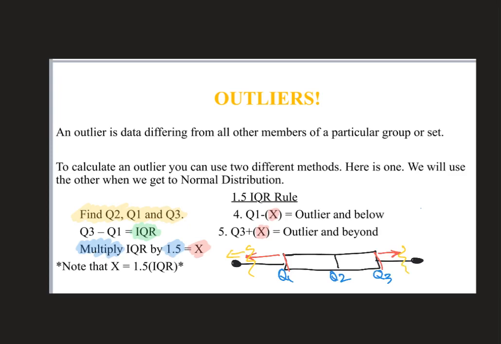Anything below that or anything above this is going to be some type of outlier. I want to know what number that cutoff is. So that's how we try to find outliers with this. Take your IQR, multiply by 1.5, subtract it from Q1, add it to Q3, and find out what those two numbers are.